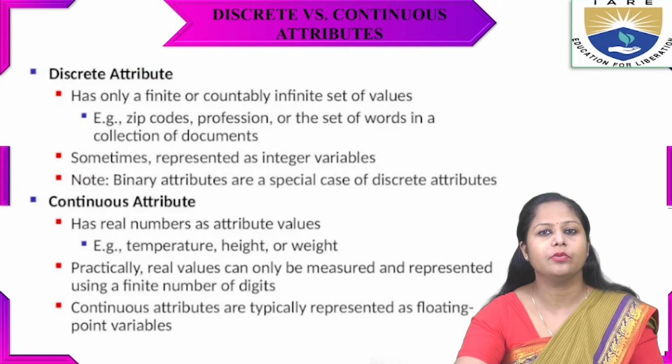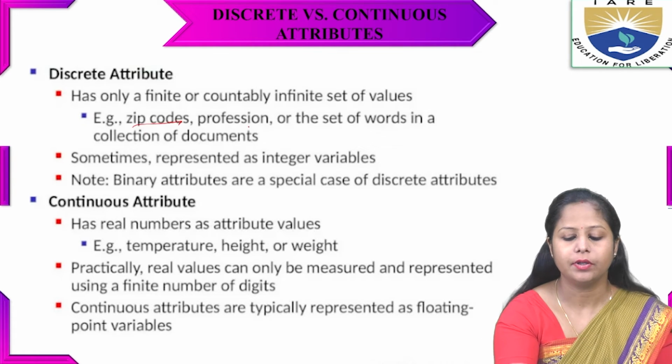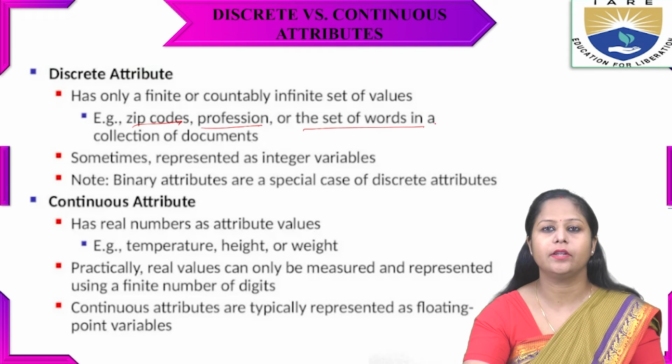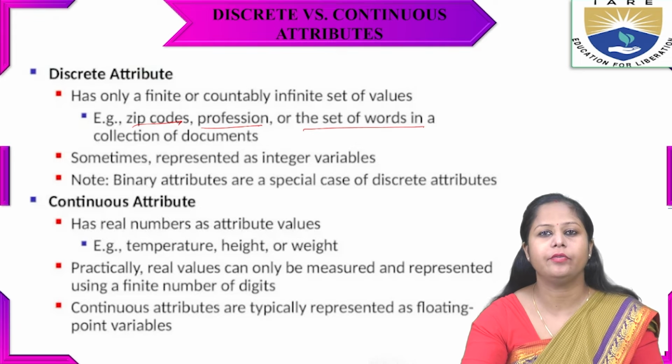Discrete attributes have only a finite or countably infinite set of values. For example, zip code, profession, or the set of words in a collection of documents. So here there will be an infinite set of values.